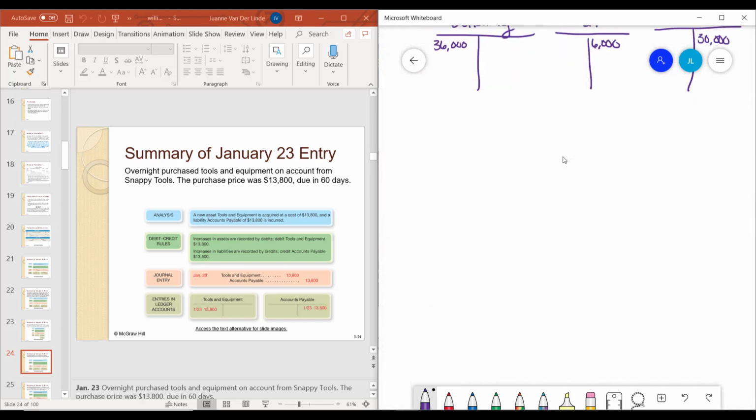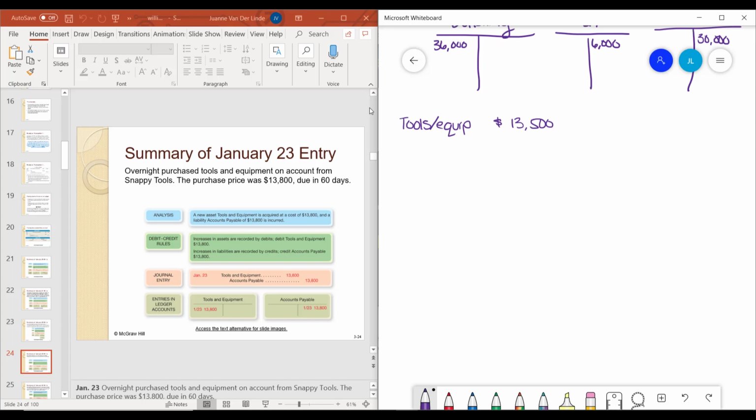Overnight purchased tools and equipment on account from Snappy Tools. The purchase price was $13,800, due in 60 days. So if it's due within 60 days and there's no mention of interest, we can assume it's in accounts payable. So we bought tools and equipment for $13,800, and they bought it on account, right?